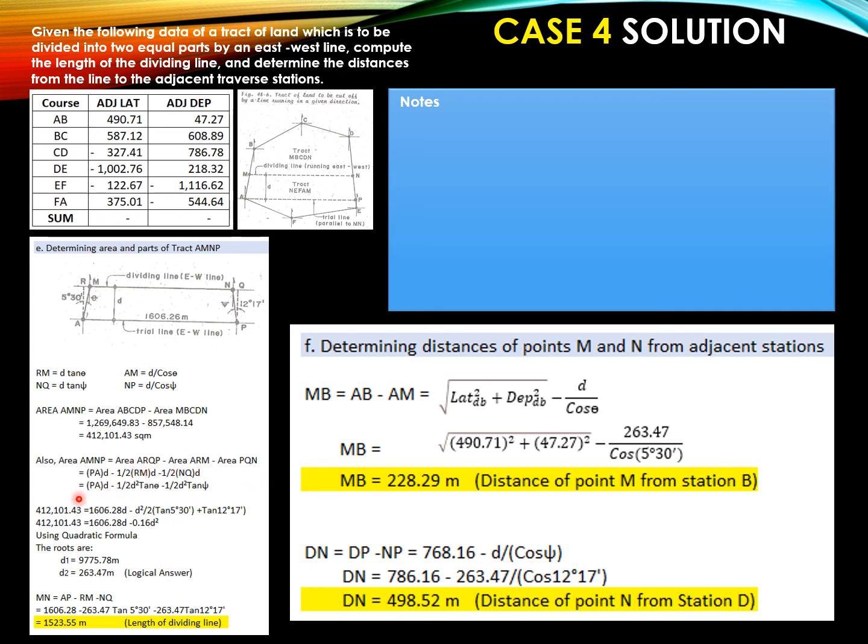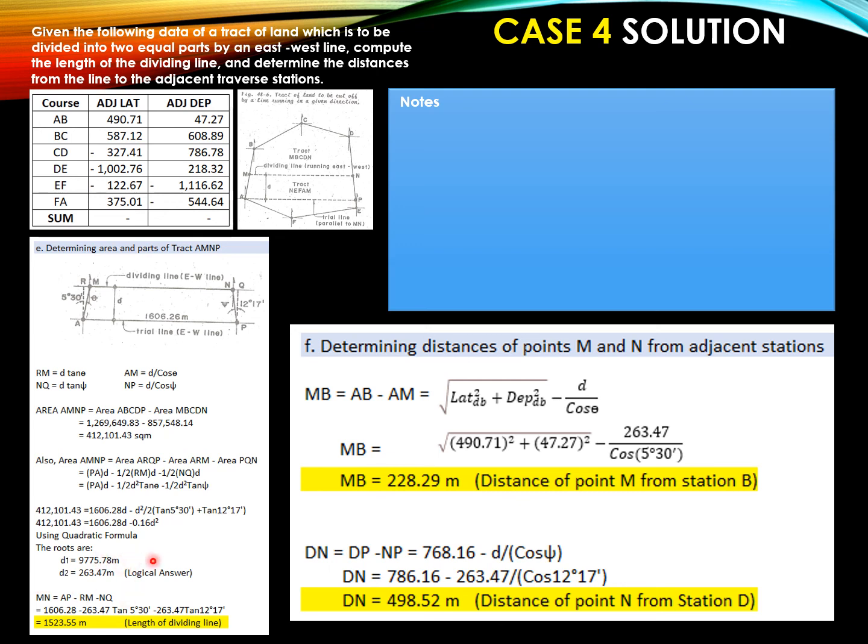That's why, nakuha natin itong formula na to. Itong formula na to, using the quadratic formula, so 900, yung isa 9,000, yung isa 263 meters. Pag gumagamit tayo ng quadratic formula, we have two roots.